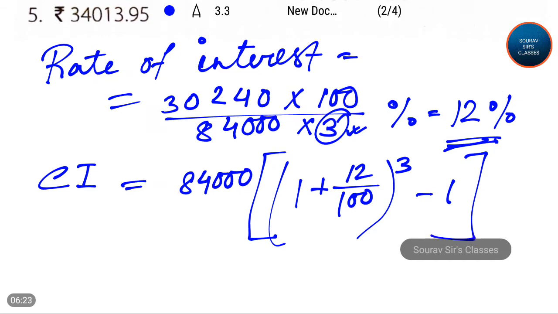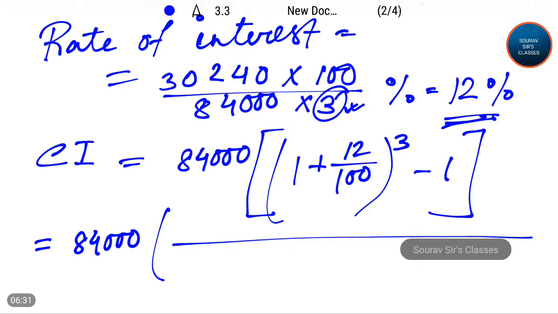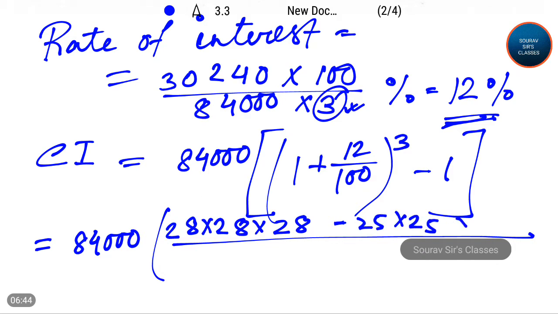Now by solving this, we can get that 84,000 into 28 into 28 into 28 minus 25 into 25 into 25 divided by 25 into 25 into 25. We are simply solving this equation.